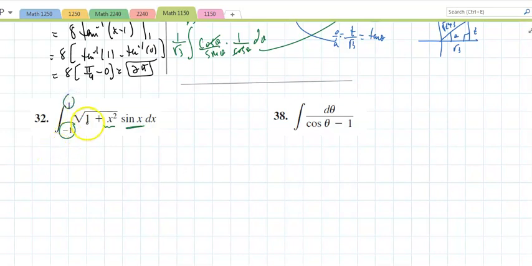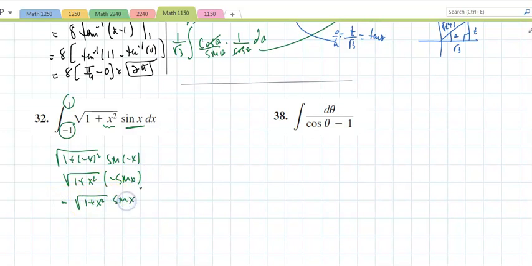And I notice that if I put in negative x, the square root of 1 plus negative x squared, the sine of negative x, that is the square root of 1 plus x squared times negative the sine of x. That's negative the square root of 1 plus x squared, the sine of x, which means this is an odd function.